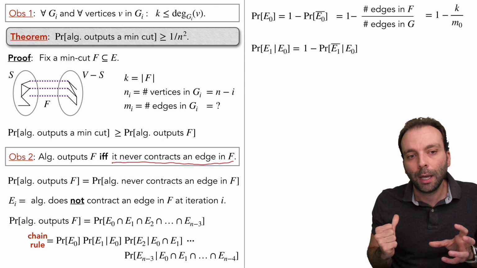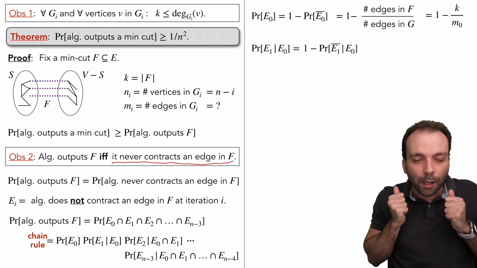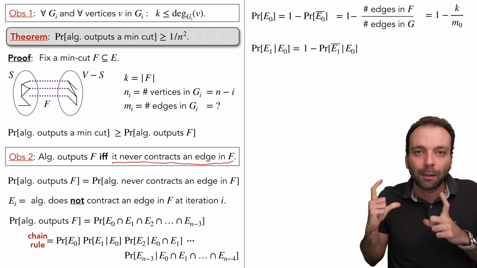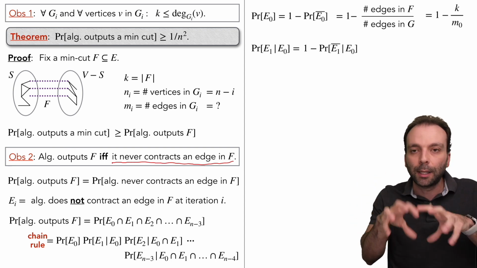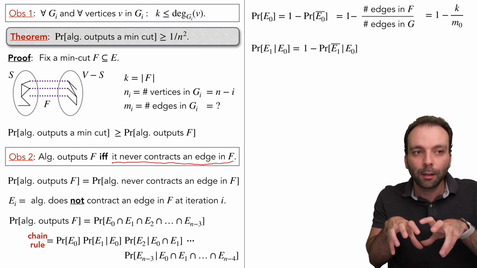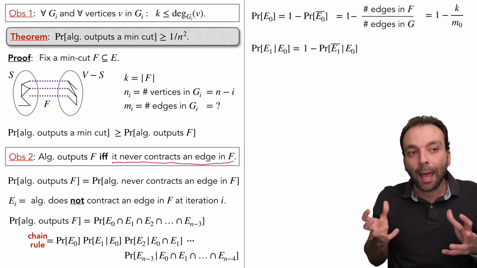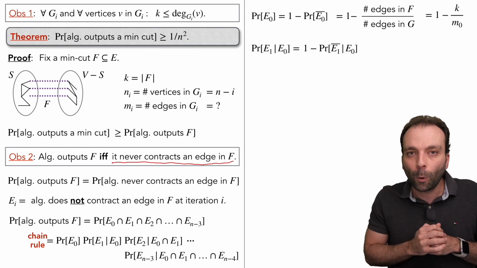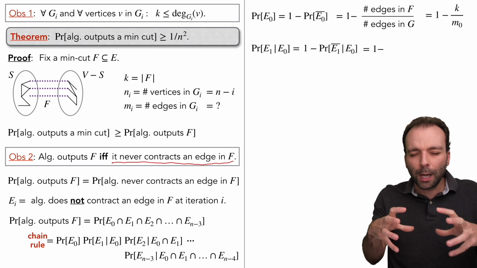Okay, so now, conditioning on E0, conditioning on the fact that I did not pick an edge from F to contract, all those edges from F are still in my bag. And the total number of edges that I have now is not M0, but M1. So now I have a bag with M1 edges in total.